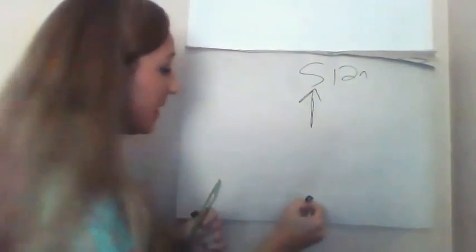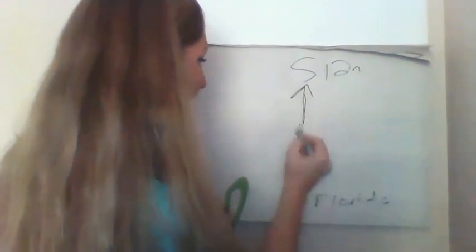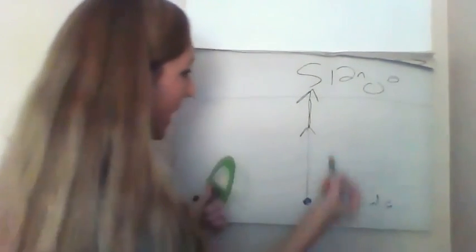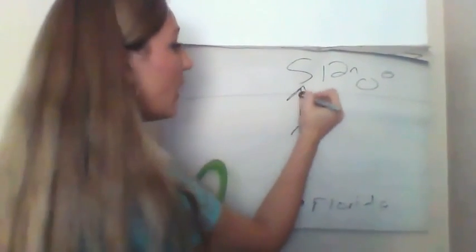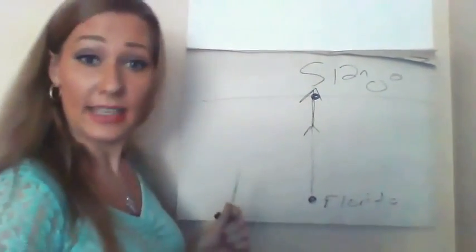So if I am here, in April, in Florida, I want to measure exactly to the south to the equator at 0 degrees, okay? In probably Ecuador or wherever I can get to exactly the equator.